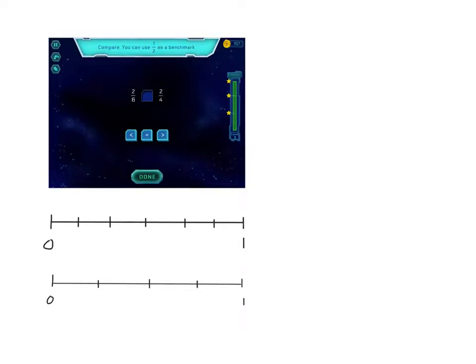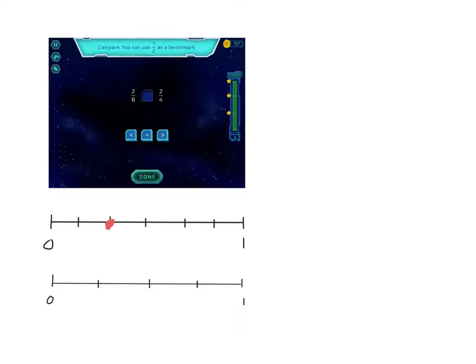All right, let's compare these two fractions. You can use 1/2 as a benchmark. If you can look at my number line, each of them has a halfway point. That's our benchmark or a landmark. So let's look at the first one. The first one is 2/6. I chose to make my number line into 1, 2, 3, 4, 5, 6 equal parts. 2/6 I can plot would be right here.